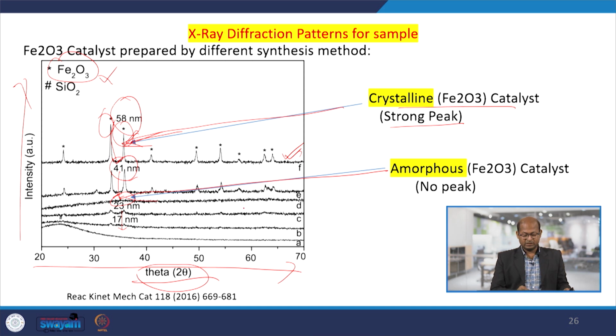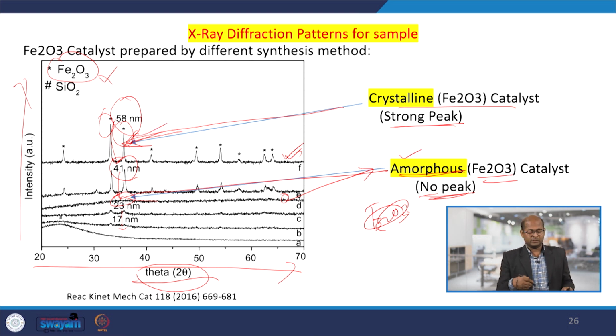So, maybe with this particular method the material we have prepared is amorphous, no peak, which means it is an amorphous material, the Fe2 that we have prepared was amorphous, and here it is crystalline.